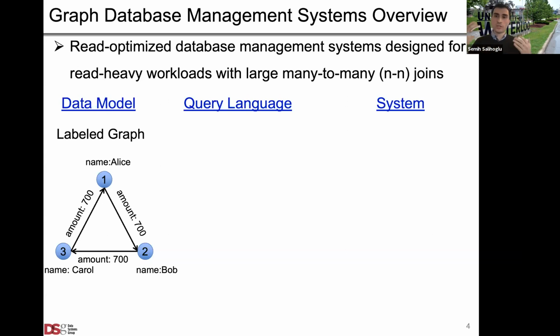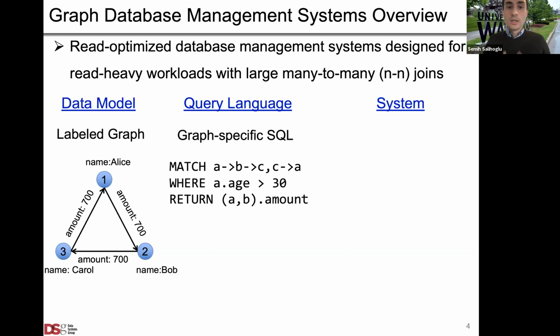As an application developer, suppose you're developing a recommendation algorithm or a fraud detection application on top of a graph database management system, the way you model your data, your records, is as a set of labeled nodes, and as a set of labeled edges and arbitrary key-value properties on these nodes and edges. That's the data model, compared to obviously a relational model where you would represent your data as a set of tables. The query language is what I call graph-specific SQL.